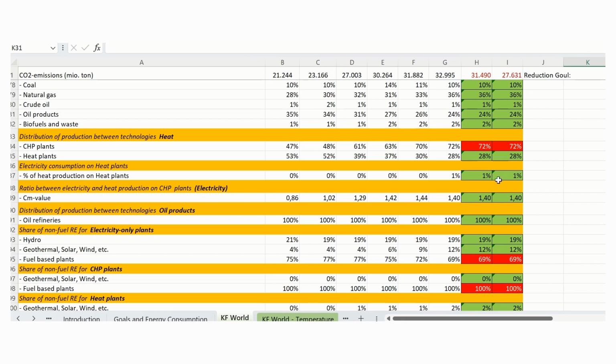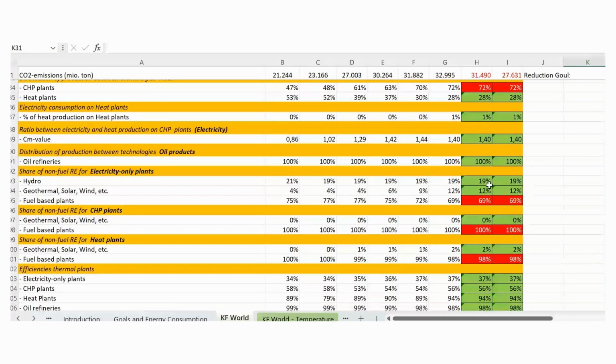This is this figure here. And then you fill in here the CM value, the relationship between electricity production and heat production on the combined heat and power plants. And you say here that 100% of the oil products will be produced on oil refineries.